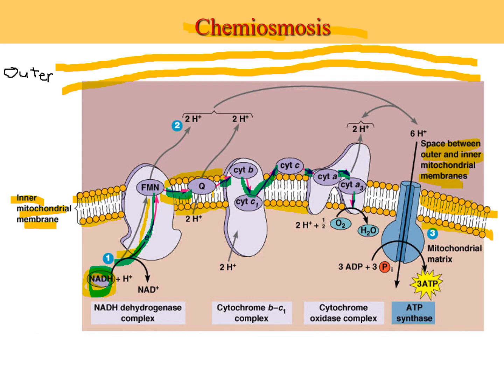So these are oxidation, reduction reactions. Oxidation is a loss, reduction is a gain. Then the one that gained loses, and so on, until we get to the final electron acceptor, which is oxygen. So oxygen is the final electron acceptor in the electron transport chain.